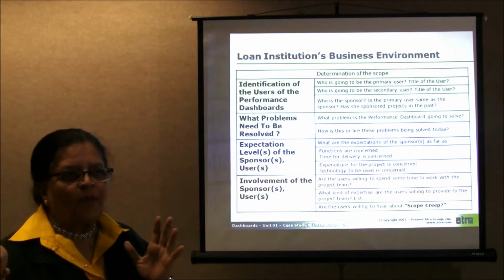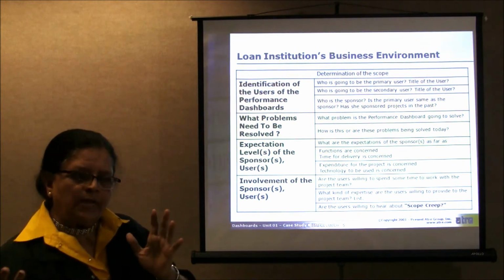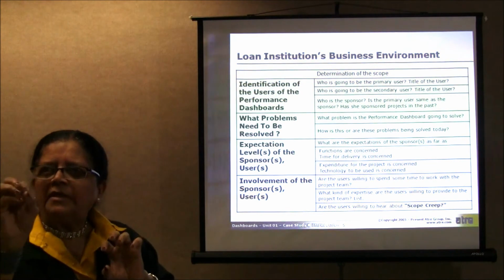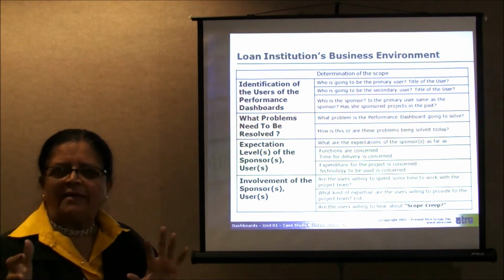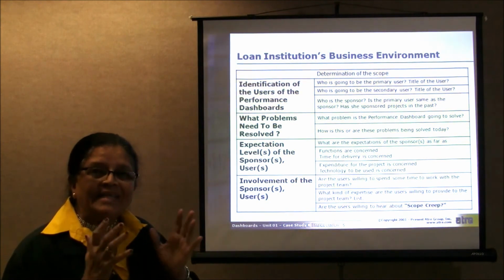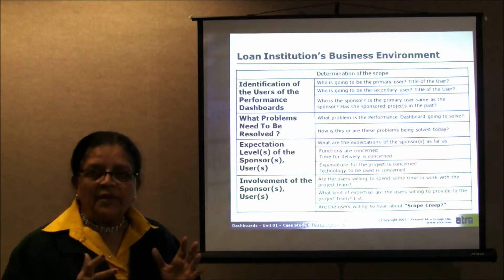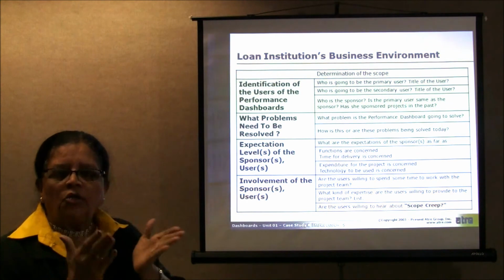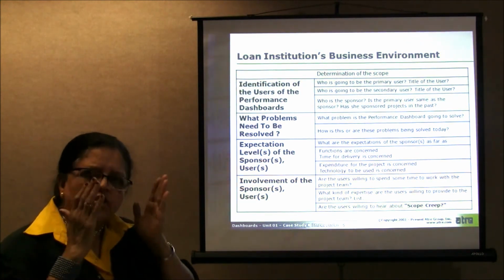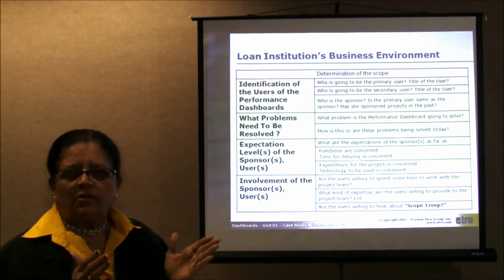As time goes by, people come saying, you are going to give me this, but how about this also at the same time? It won't take that long, just add to it and that would be wonderful. So that is scope creep, and many people don't realize that it is one of the major problems of any project.